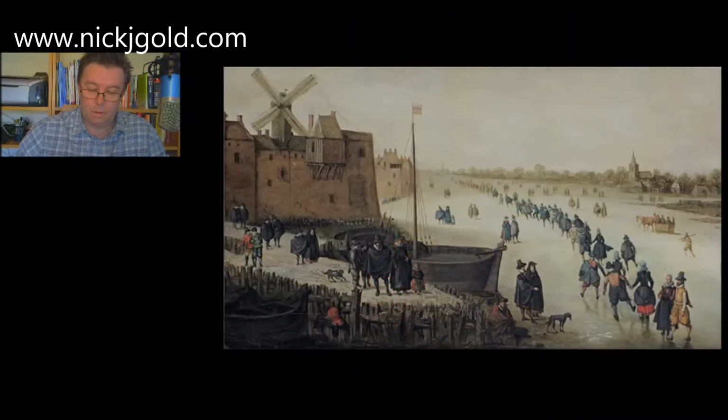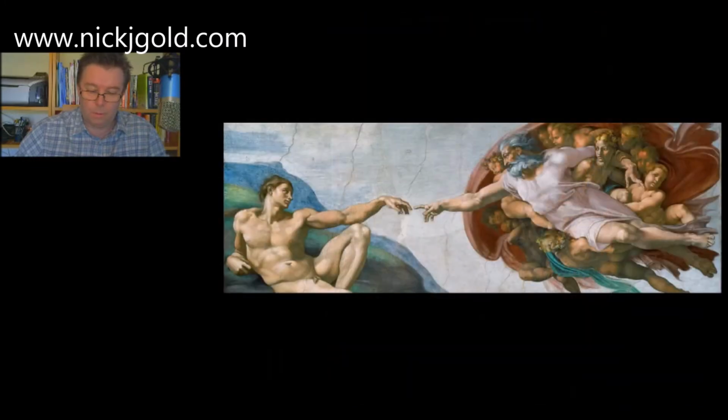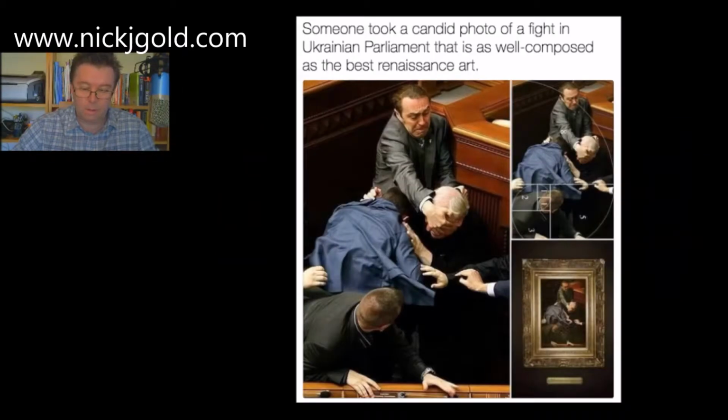Crucifixion, landscape photography. Strictly speaking, I don't know if all of these images are Renaissance. This one certainly isn't. That's by a painter called Danby, which was from a later period but influenced by the Renaissance. It's a Renaissance portrait. Okay, get the idea.